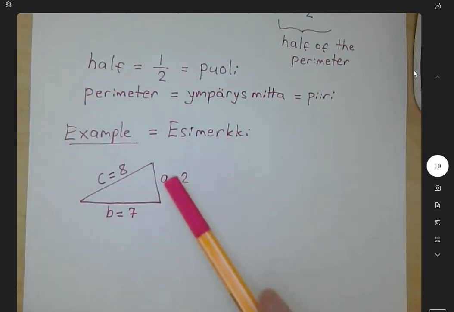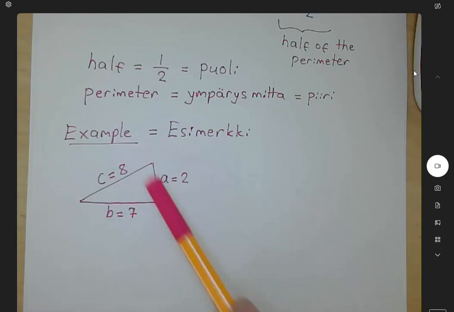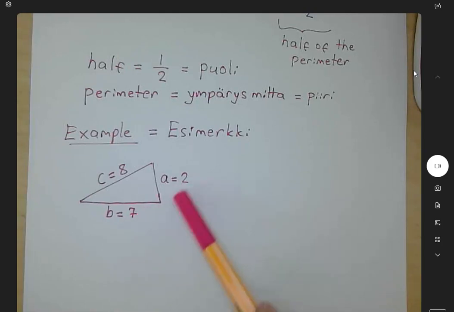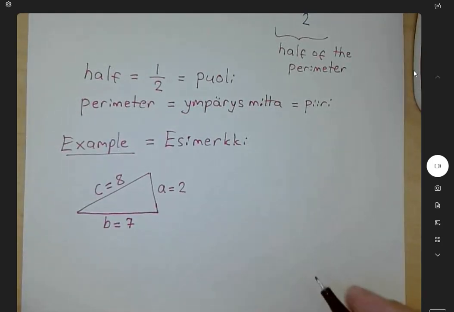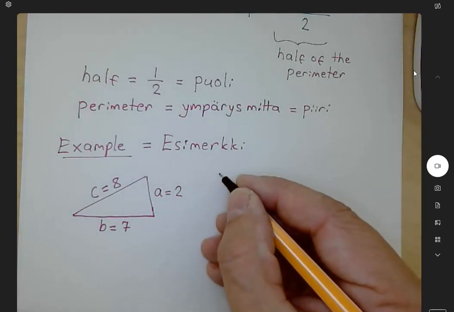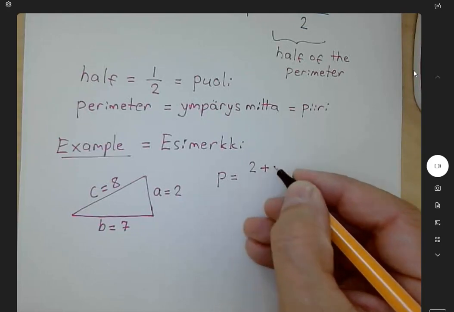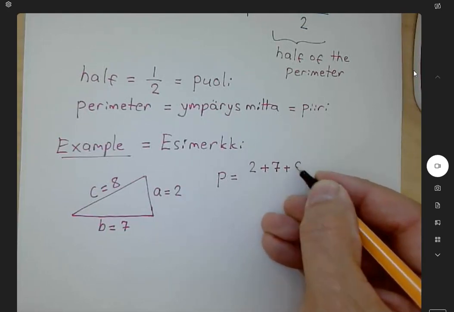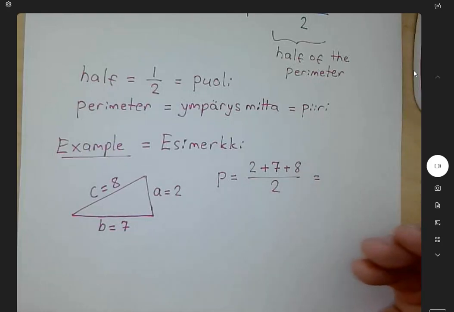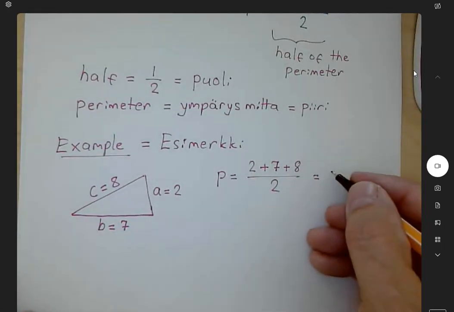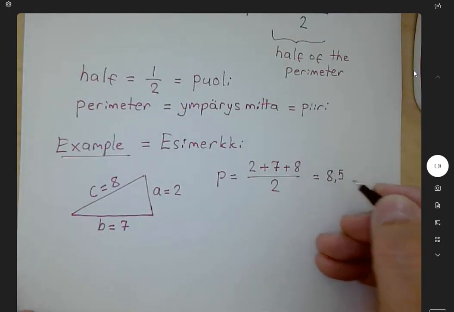Adding these numbers, we get 17, and divided by 2, it becomes 8.5. I should have chosen easier numbers. So we have 2 plus 7 plus 8 divided by 2, and we get half, 8.5.